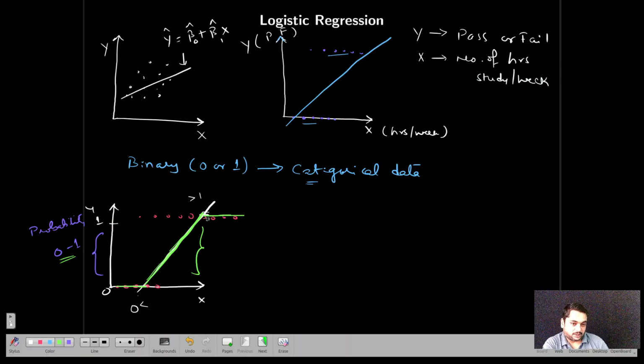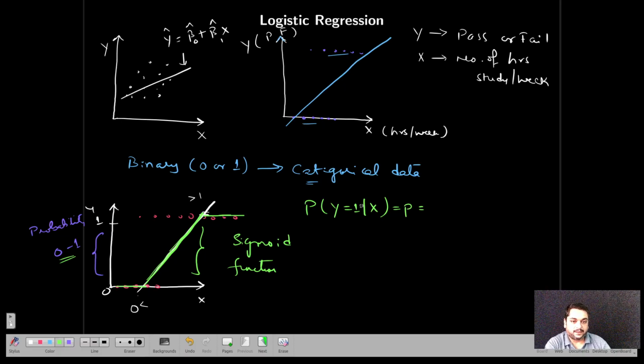Now the question is how to fit this function. Whatever function you are seeing here in the green ink, we call it the sigmoid function. So what are you trying to find here? You are trying to find the conditional probability, the probability of y equal to 1 given x. For a given x, you are saying what is the probability that y equals 1. Let us write this as small p.